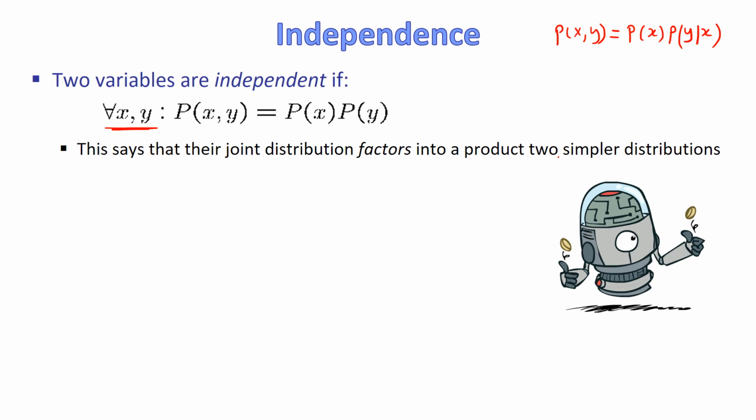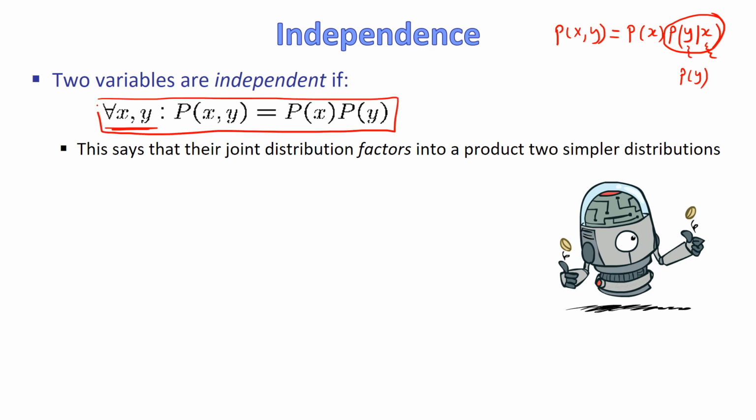But because x and y are independent, knowing x will not change our belief in y, which means that this probability is actually equal to probability of y. And that's why we have this form: for independence, probability of x and y equals probability of x times probability of y, because that means probability of y given x is probability of y, or similarly probability of x given y is probability of x.